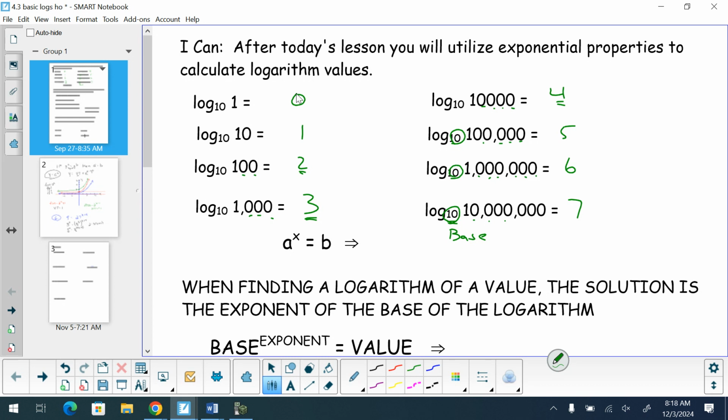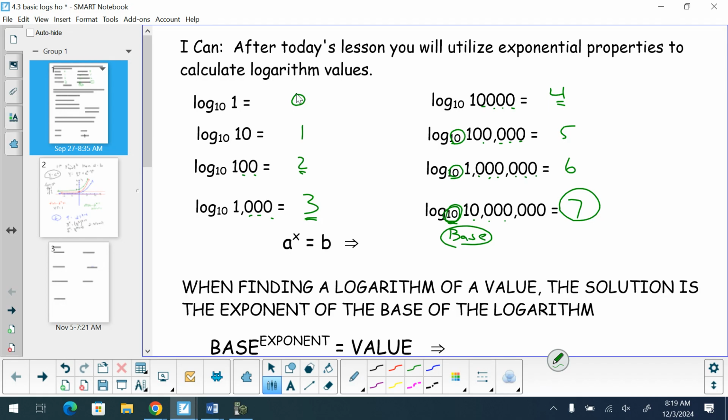So this value, this base that we have, is the value that we multiply by itself the number of times that we come up with respect to our exponent, or our value out here with respect to the logarithm.